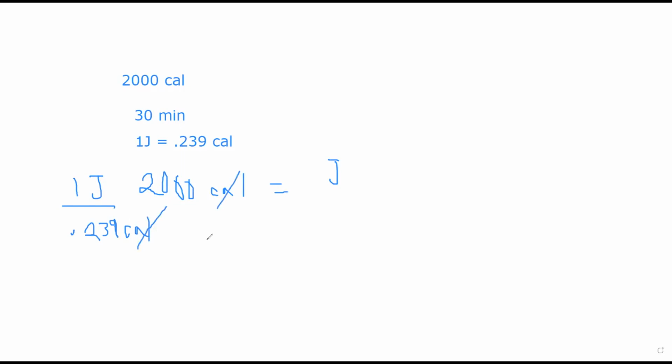Cancel out your calories. 2,000 divided by 0.239 is approximately 8,368.20 joules.